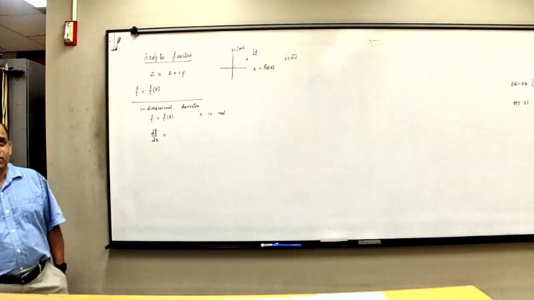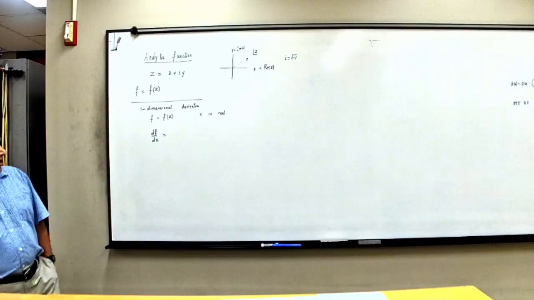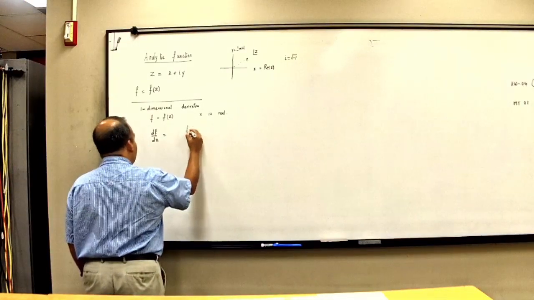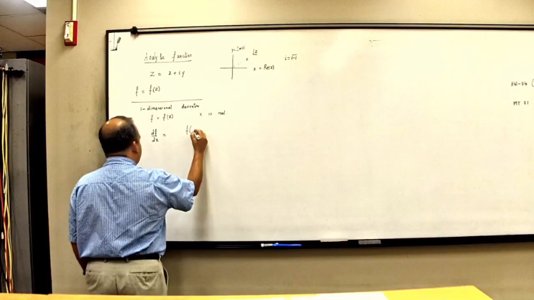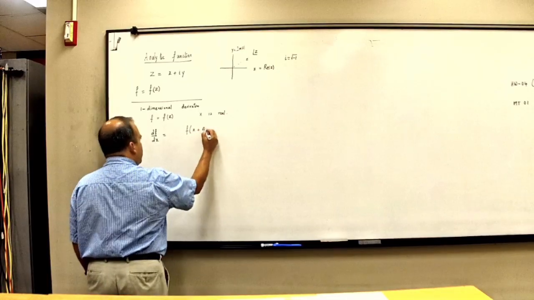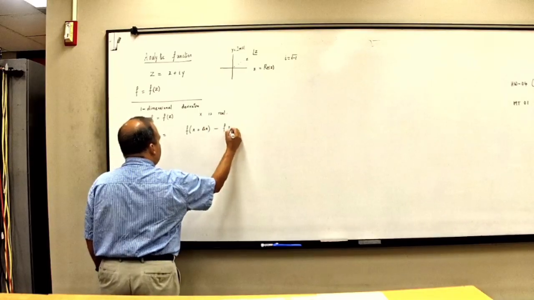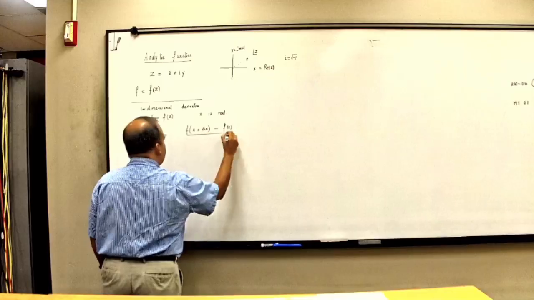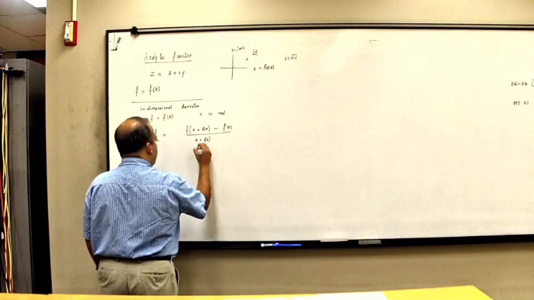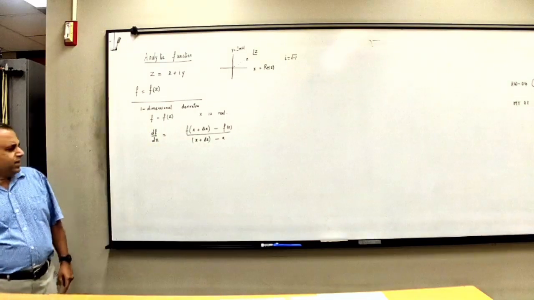You take some point away from x, so let's say f of x plus a minus the original point, over the distance, and you take the limit as the distance goes to 0. So f of x, you make a small change in x, that might be delta x, and you look for the change in the function, and then you take the ratio of the difference in that to the distance itself, right?